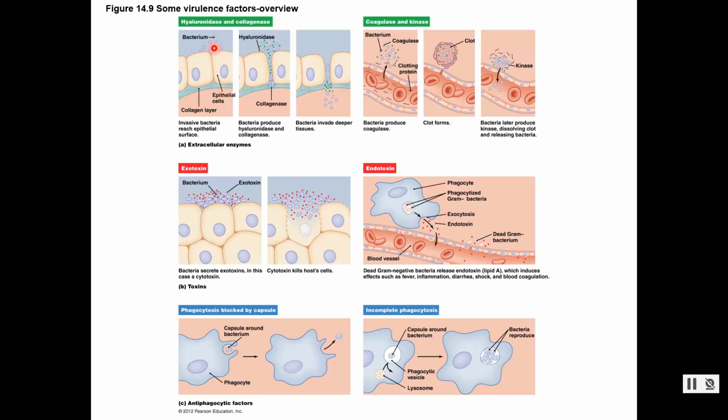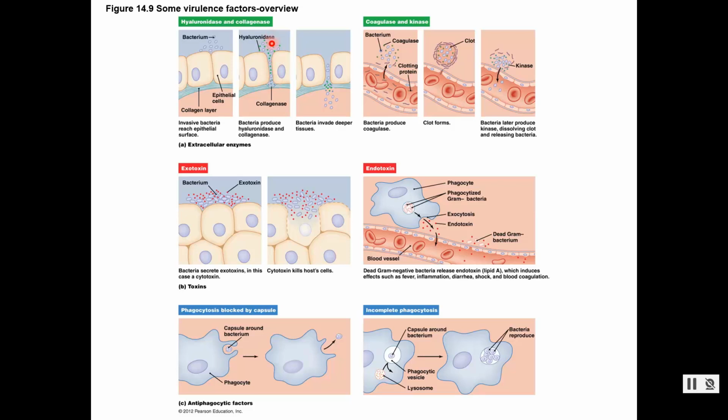This bacterium produces an extracellular enzyme called hyaluronidase. Between these tightly packed epithelial cells is hyaluronic acid, which cements the cells together and makes it even tougher for the bacterium to penetrate.